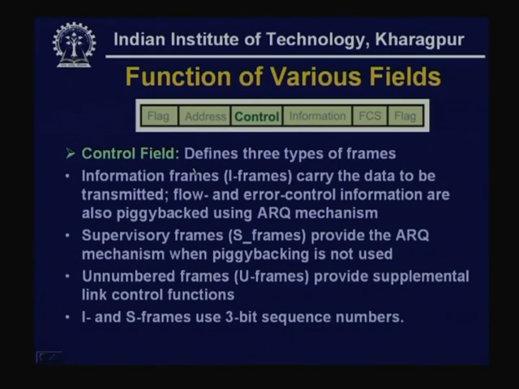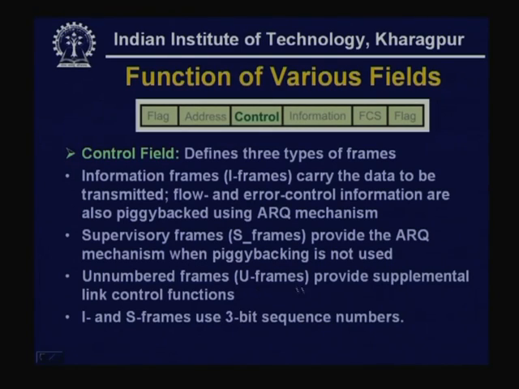This control field defines three types of frames: information frames, which can carry data to be transmitted; flow and error control information are also piggybacked using ARQ mechanism. Then supervisory frames provide ARQ mechanism when piggybacking is not used.